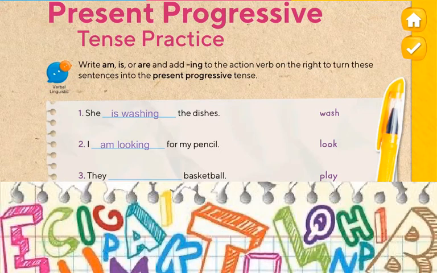Now number 3, they. And the verb is play. They. What form of the verb to be should I use? Am, is, or are? Are. Correct. Now add the ing to the action verb play.